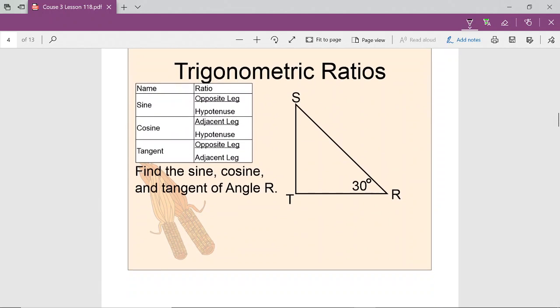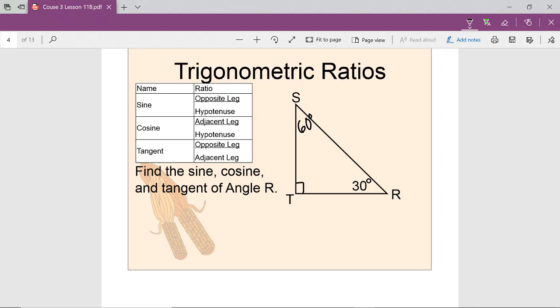So how about if I don't know what the side lengths are, but know that angle R is 30 degrees? Well, for this to make sense, we know that angle T is a right angle. And knowing all of this, if this is 30 and 90, we know that what's left for angle S is 60. Well, this is a 30-60-90 right triangle, which means it has a ratio that we already know, side lengths that we can assume.